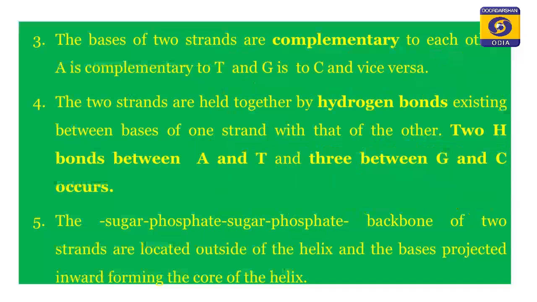This sprang from that of Chargaff, Avery-Chargaff. His molar concentration finding: purines equals pyrimidines, adenine pairs with thymine and guanine with cytosine. Purine always pairs with a pyrimidine. Purine is a double ring structure, pyrimidine is a single ring structure.